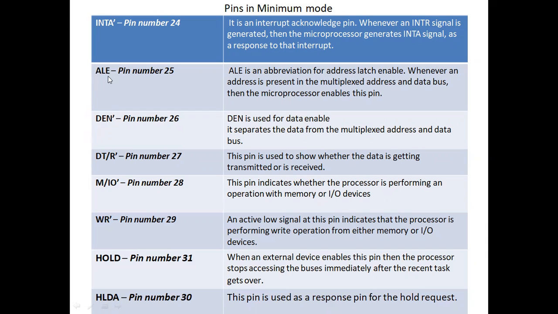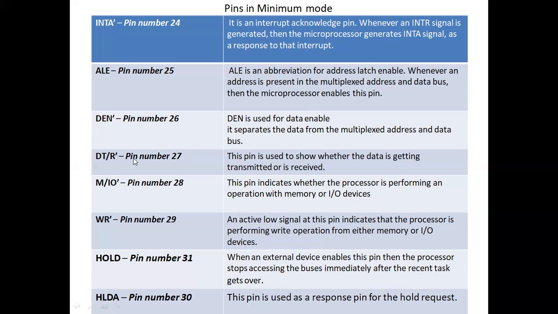As we know, the lower 16 bits, AD0 to AD15, are common multiplexed address and data lines. Whenever the address is available on the address lines, ALE will be high or enabled, and when the data is available on the data lines, DEN will be high. So these indicate when the address is on the pins and when the data is on the pins.